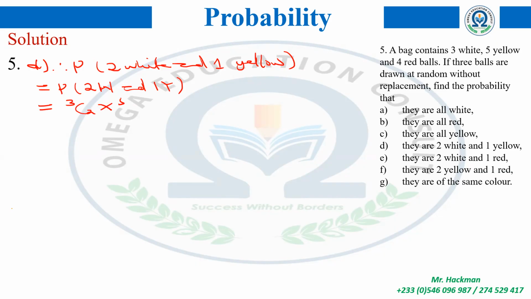So it will be 5 combination 1, all over our usual 12 combination 3. Am I right? Yes, please.